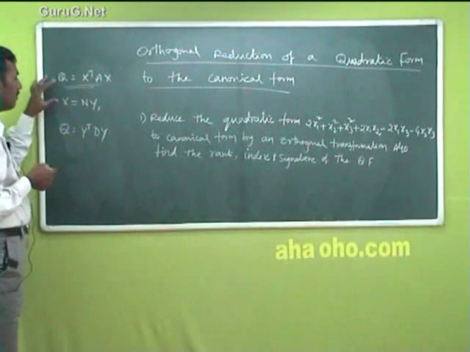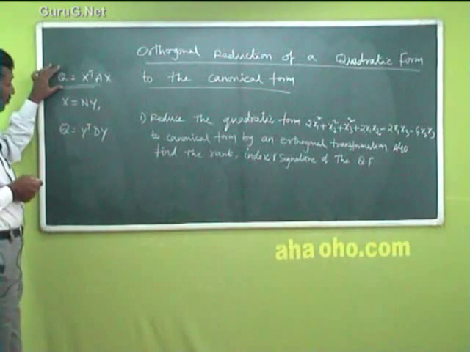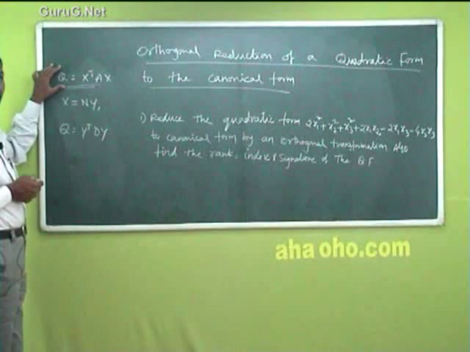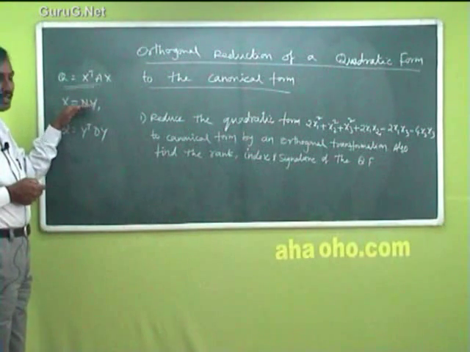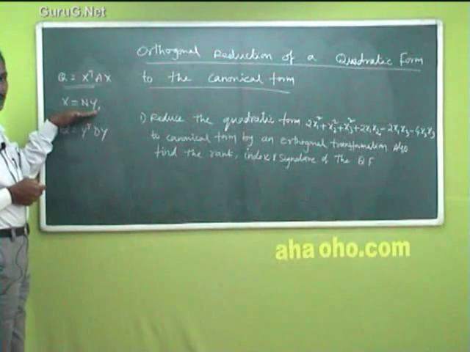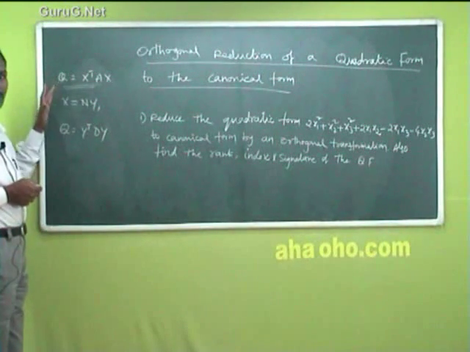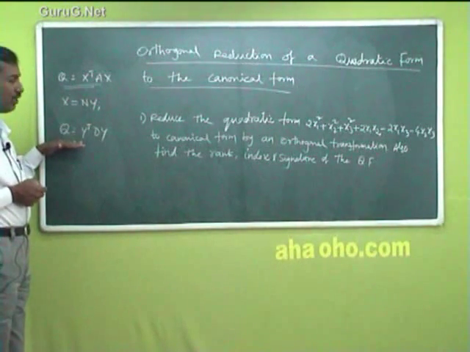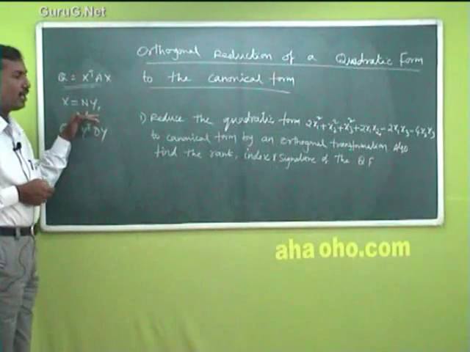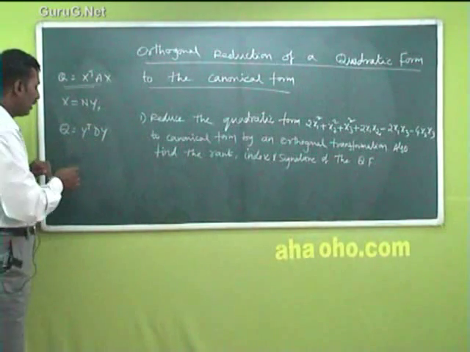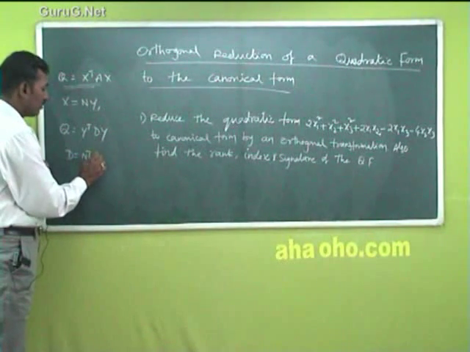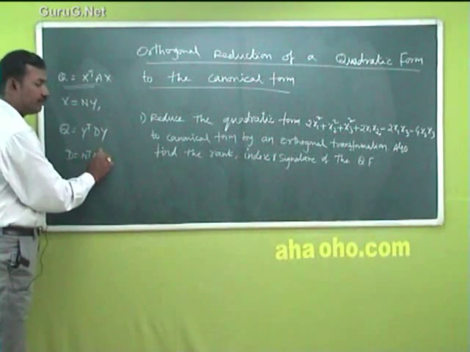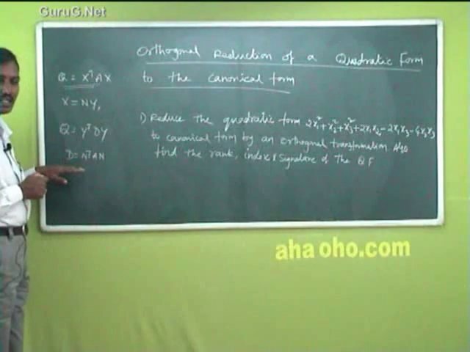So this is the matrix form of the quadratic form, and x equals ny is a linear transformation. Using this linear transformation, this quadratic form is reduced to the canonical form. We have to use the orthogonal reduction, so D equals n transpose An.